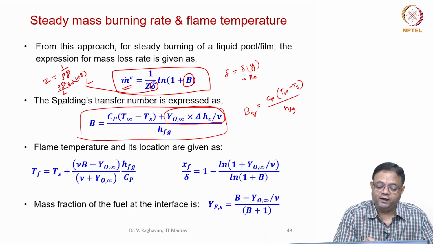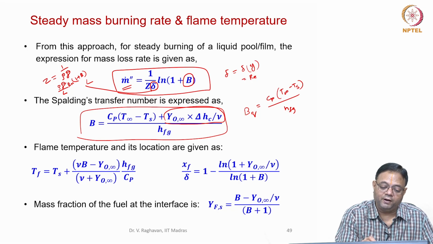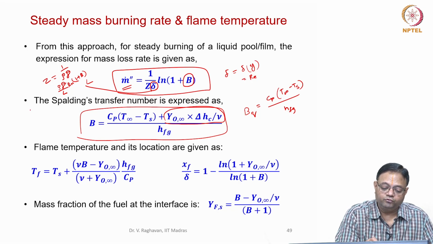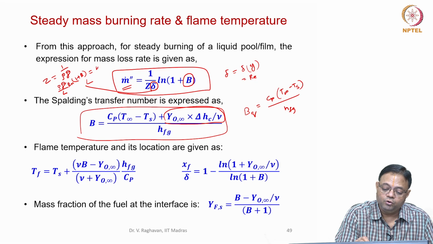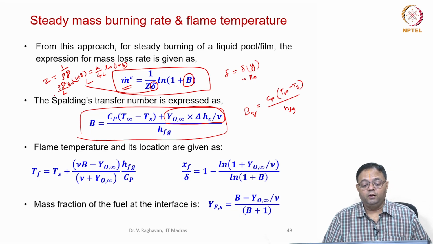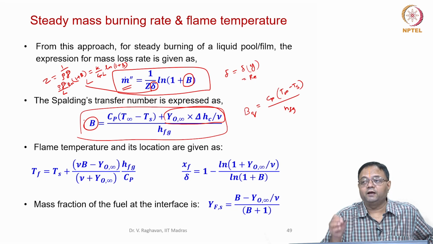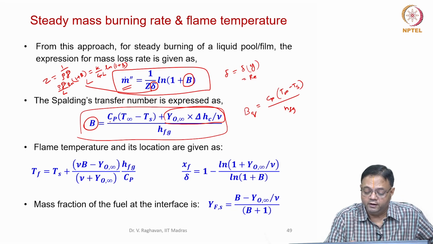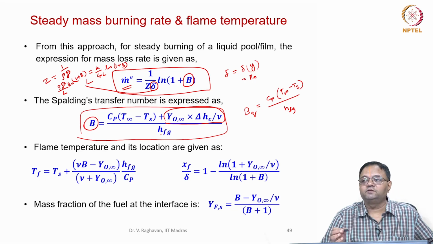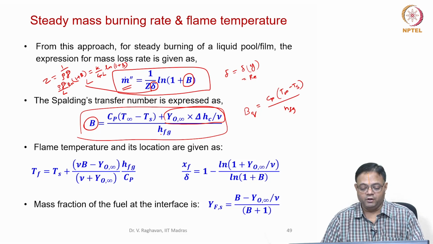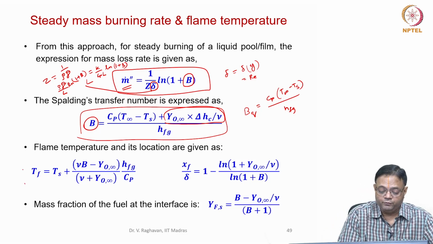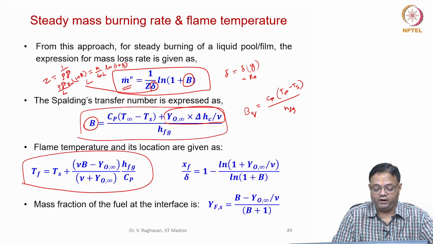Or we can say 1 by Z is Cp by K. So, this is equal to K by Cp L into ln of 1 plus B. So, these are the solutions which are already got, but the only thing is there is a change in the expression for B in the combustion environment, which is the first term added with another term which is representing the heat release rate.